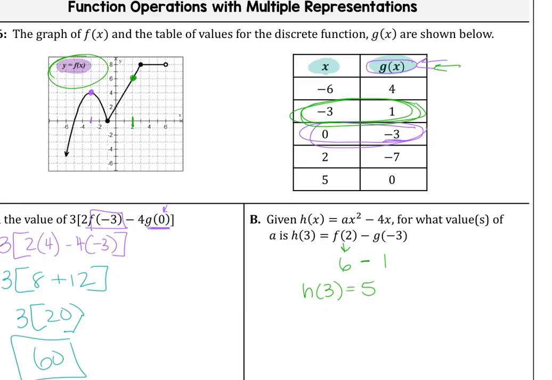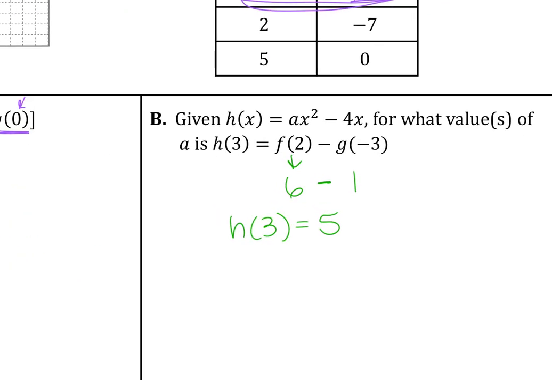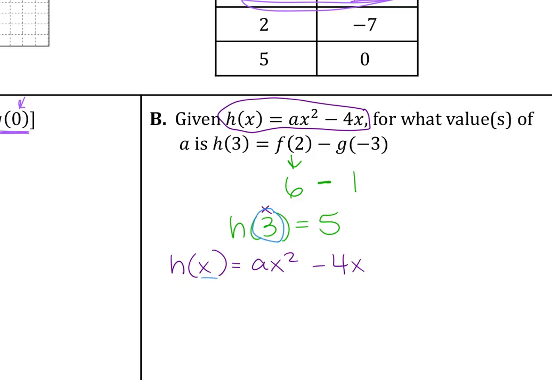Now we know two important things. We know h of 3, and we know it's equal to 5. So what do we do with this information to help us solve this equation? Remember, it's h of x, so the x is the 3. We can say h of x equals ax squared, I'm just rewriting it first, minus 4x. We know x is 3, so let's replace our x's with 3. h of 3 equals a times 3 squared minus 4 times 3.